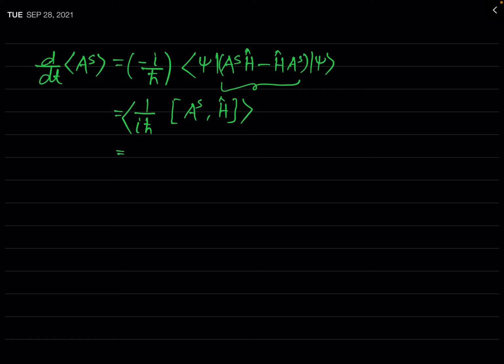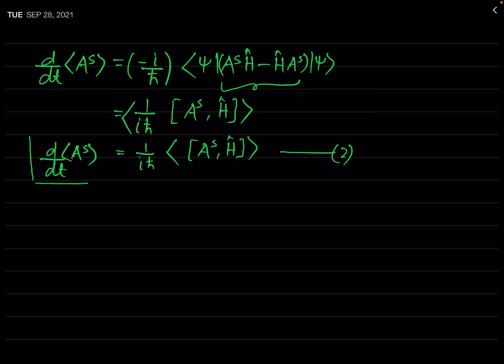Or equivalently, the 1 over i h bar can be taken outside of the bracket, and this can be written as the expectation value of the commutator of AS and H hat. So d/dt of AS is equal to this much. This is your equation 2.